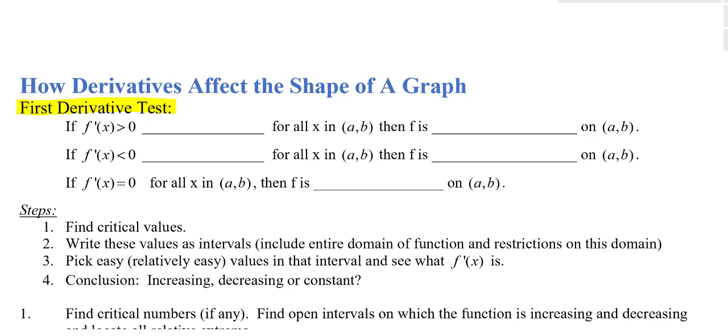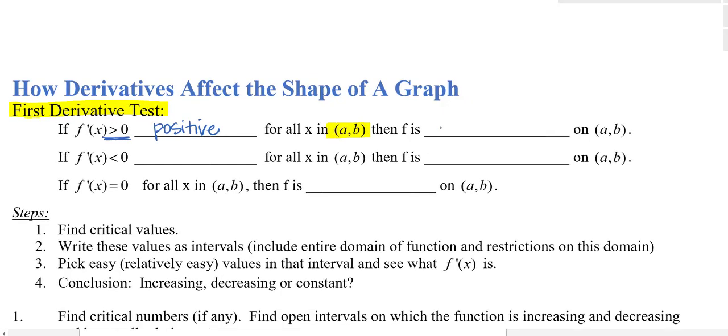We first will see that if f prime of x is greater than 0, which means positive, for all x in open interval AB, then we say f is increasing on that AB interval. And we've seen this before because if we're looking at a parabola that looks something like so, we might identify this point right here as having a positive sloping tangent line, and so we would say at that value we are increasing.